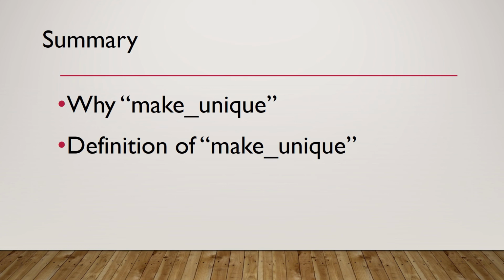Let's review what we have learned in this tutorial. First, 4 reasons to use make_unique to create a unique pointer. Reason 1, less typing. Reason 2, avoid repeating the type name. Reason 3, avoid using the new keyword.